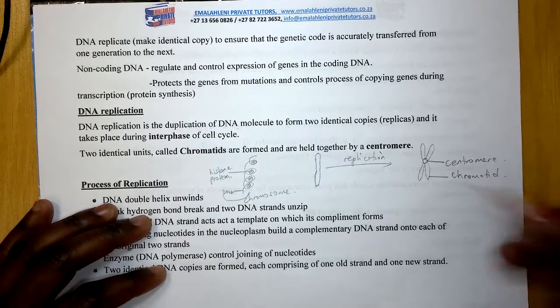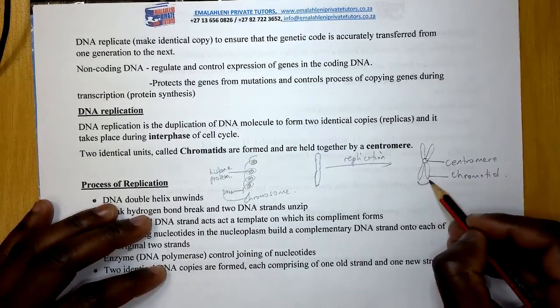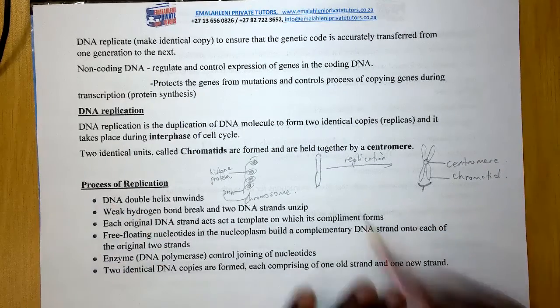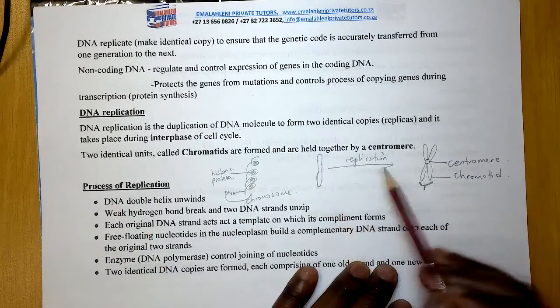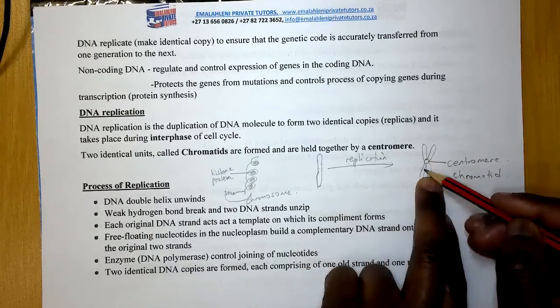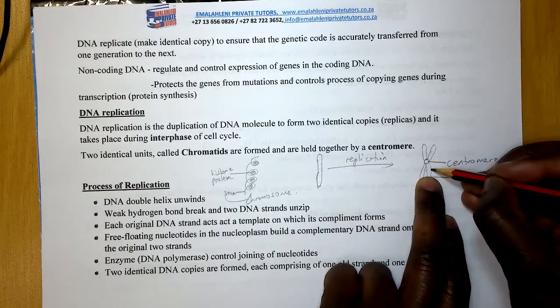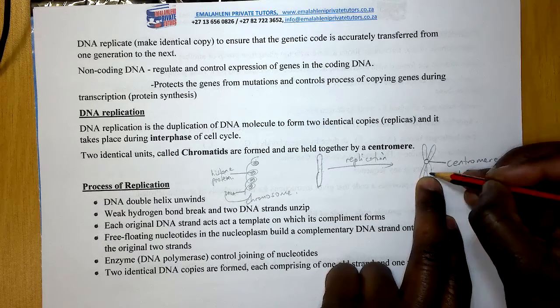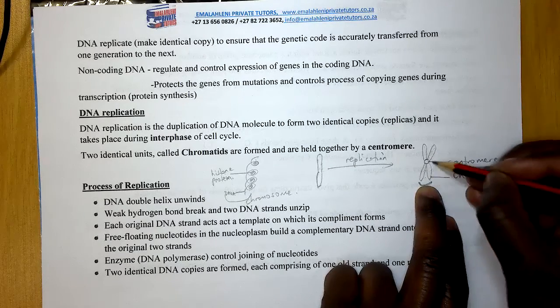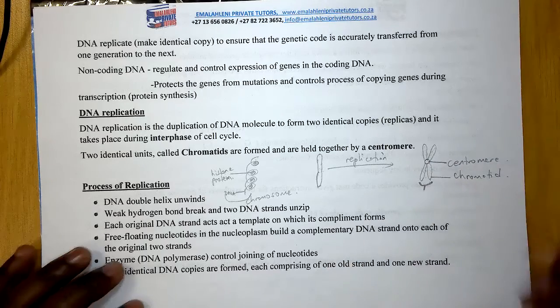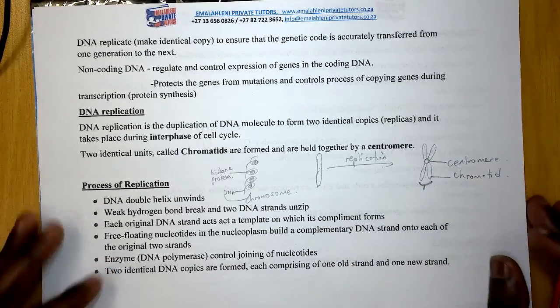And now we are forming 2 identical chromatids. These are 2 identical chromatids that we have here. So when DNA replicates, it makes a copy of itself. Here we have one chromatid, and after replication it has another chromatid which is identical to the first one. These 2 are connected by a centromere. I think you understand this when I'm also doing cell division.